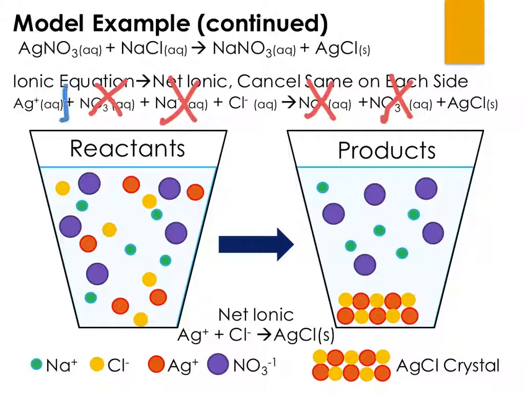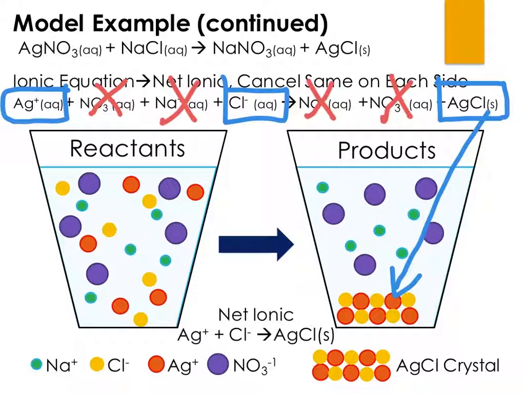So we have our silver ion, we have our chloride ion in aqueous solution, and we have our silver chloride solid that comes out of solution, all right? And so what does this represent? This represents this, and these represent, the chloride is the yellow dots here, right?